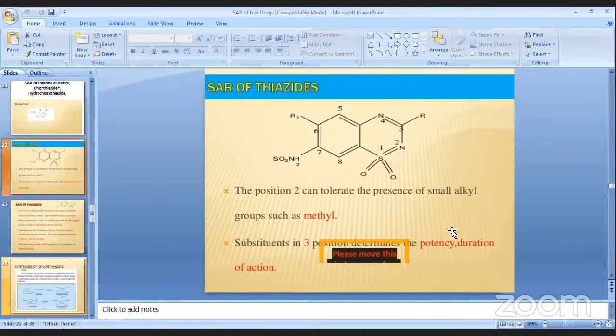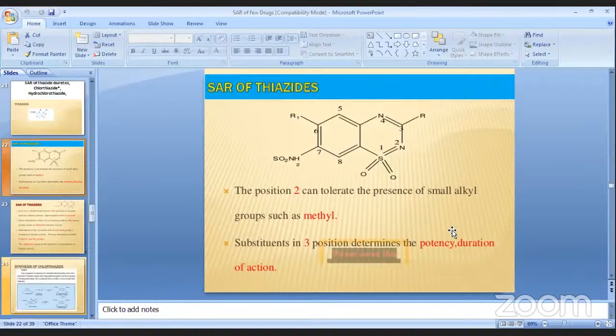So in one position a sulfoxide group is there, SO2, and in 1 and 2 position there is a double bond. Nitrogen is there, another nitrogen is there, and it is thiazide; benzthiazide means sulfur and the two nitrogens are there.